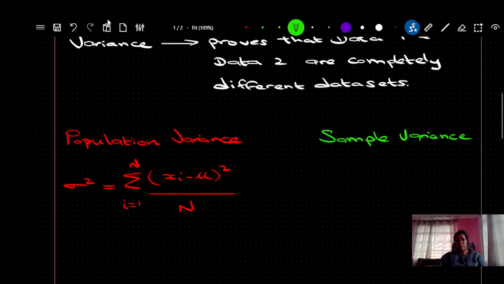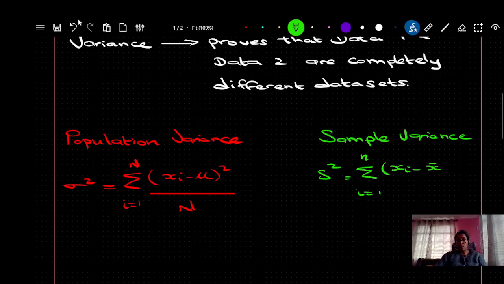For the sample variance, it's a little different. Sample variance is denoted by the letter S square. Summation i equals 1 to small n, because the sample is denoted as small n. Okay, (xi minus x bar) squared.